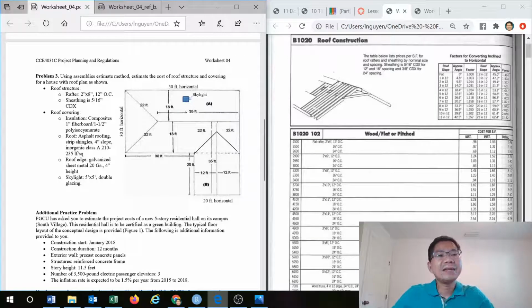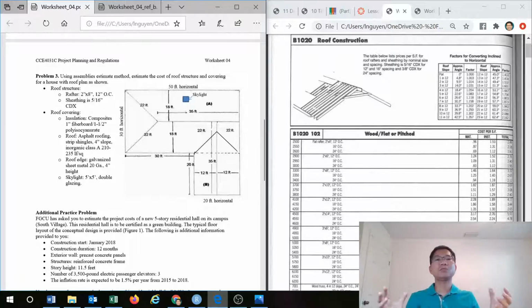Then the 5/16 inch CDX, and the roof covering insulation, composite or 1-inch fiberboard, and then asphalt roofing, and then roof edge galvanized sheet metal, with the specification skylight 5x5. This is skylight and double glazing. Those are the specifications for this roof, and we want to estimate the roof.